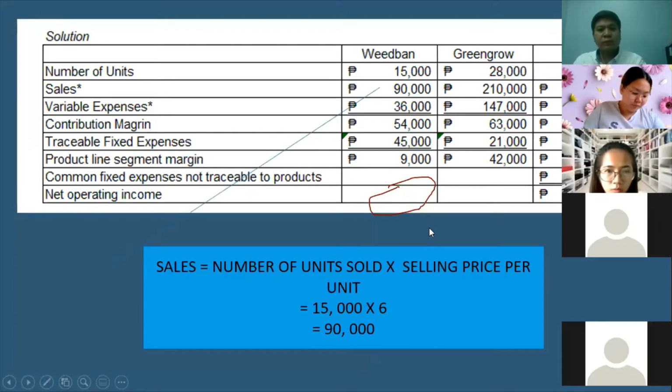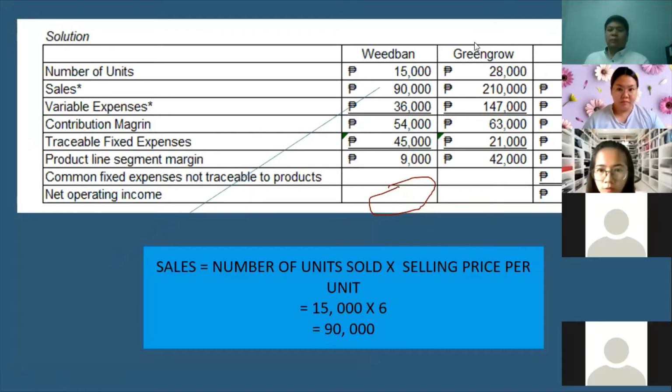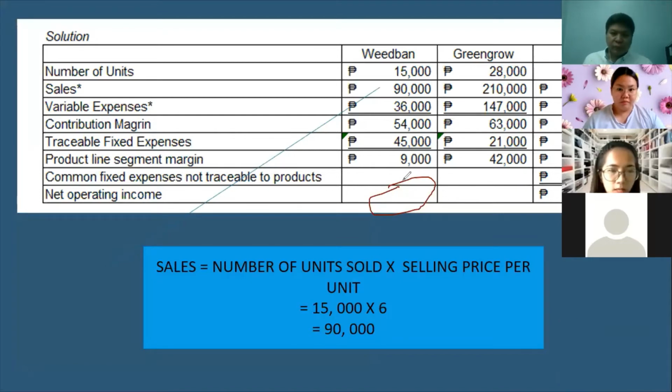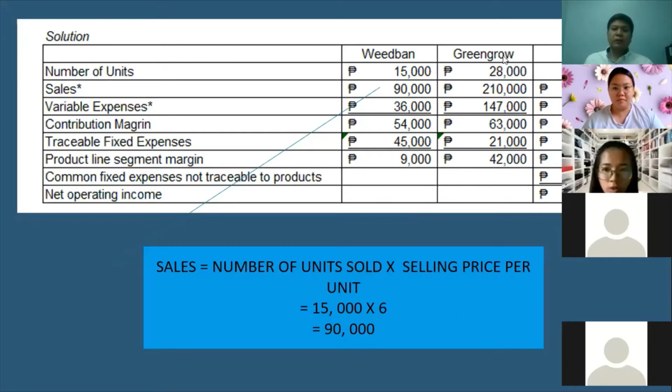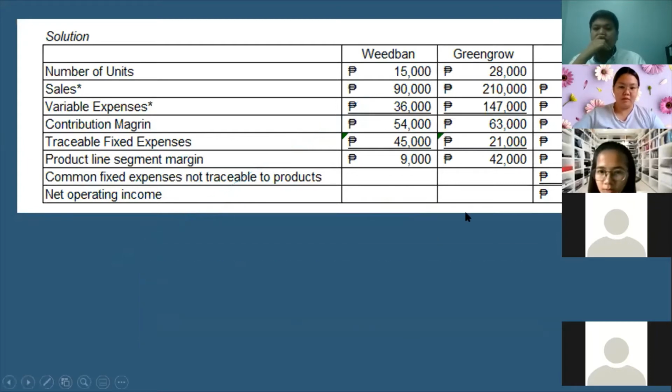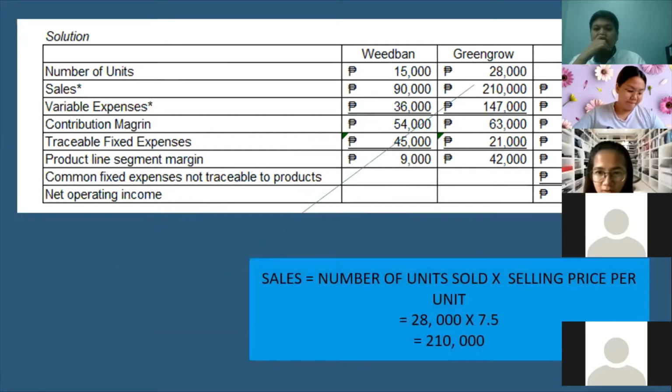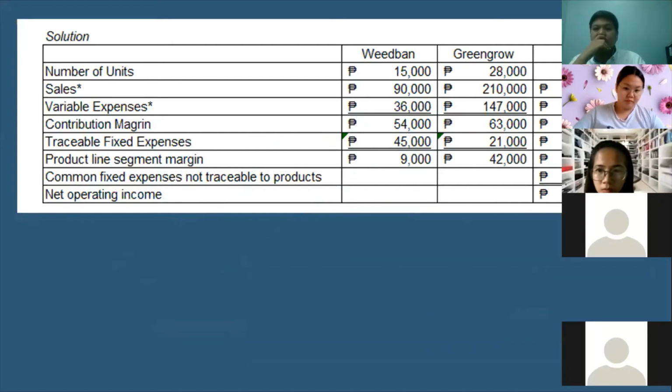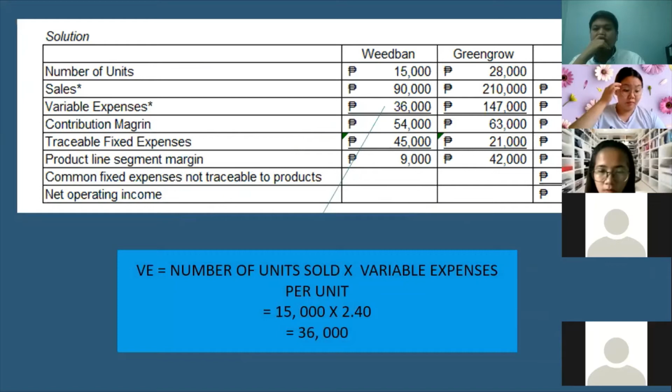For Green Grow, we can get the sales from the number of units sold, which is 28,000, and then we will multiply by the selling price per unit from the previous slide, which is $7.50. So we can get the $210,000.